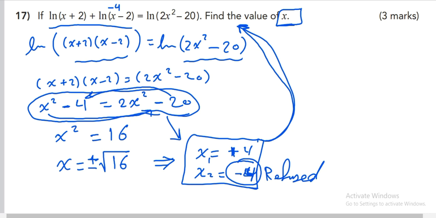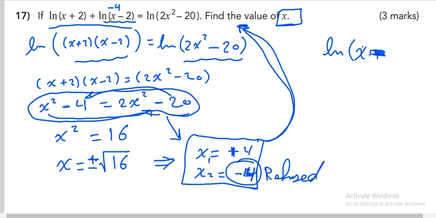So we refuse the value of x, not the negative value of x. No, the value of x, whether it's positive or negative, but this value makes the value of the expression with ln negative.